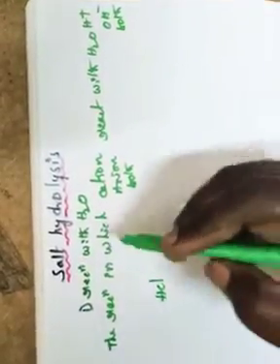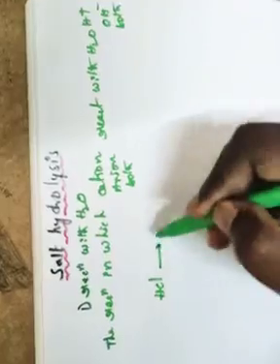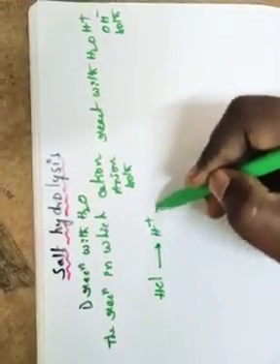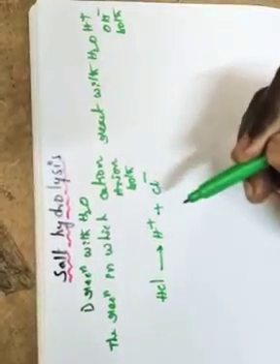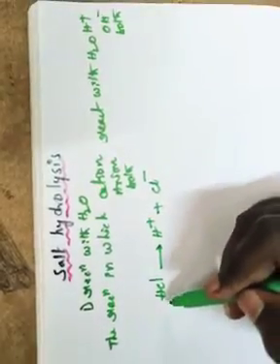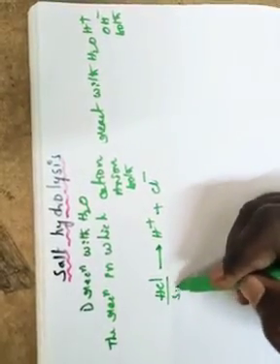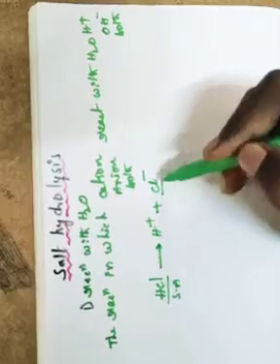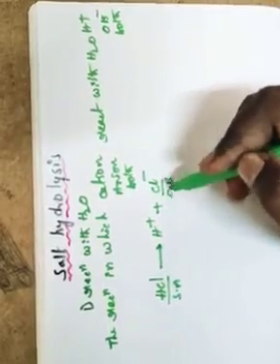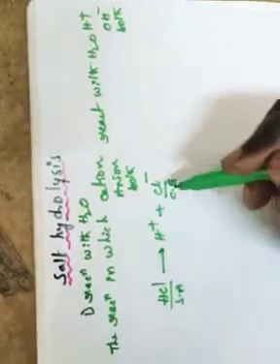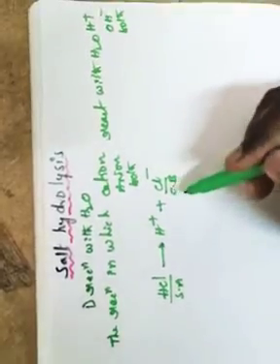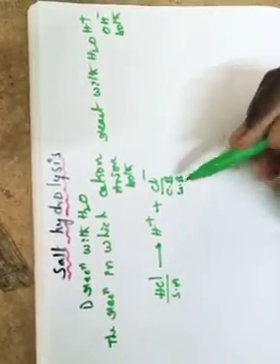HCl, when you dissolve it in water, produces H plus ion and Cl minus ion. Now you see HCl is a strong acid. Cl minus is the conjugate base of HCl. The conjugate base of a strong acid always acts as a weak base.